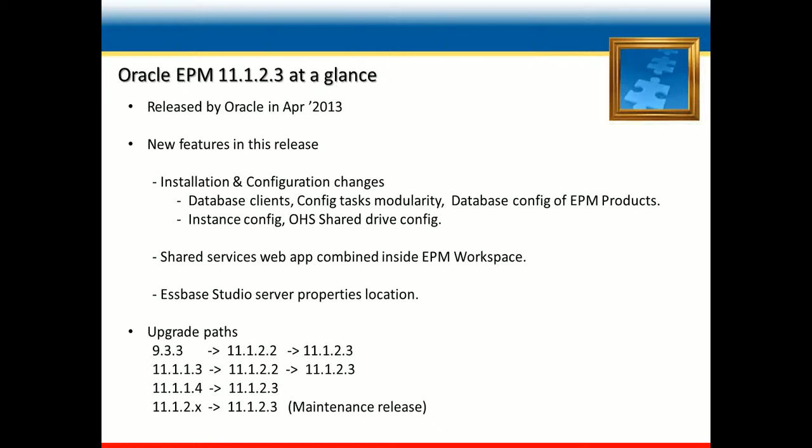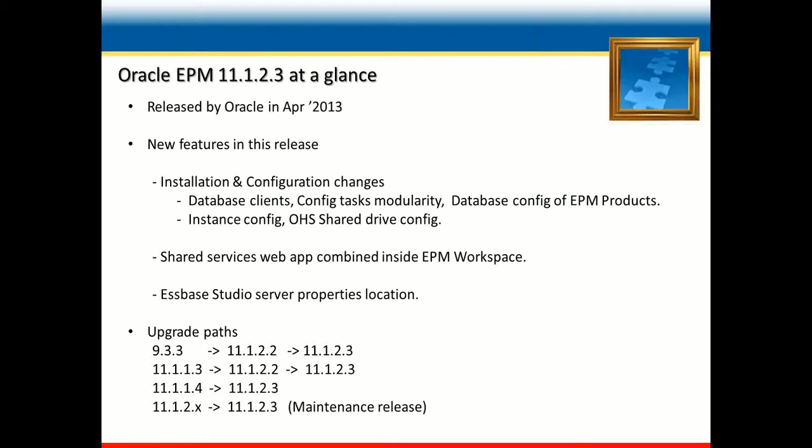The web server, OHS, can be configured on a shared drive in a distributed environment. Regarding web applications, the Shared Services web application is now combined inside EPM Workspace, so users can open Shared Services only from within EPM Workspace.